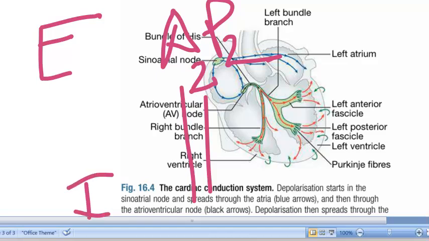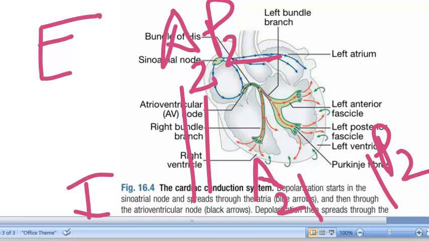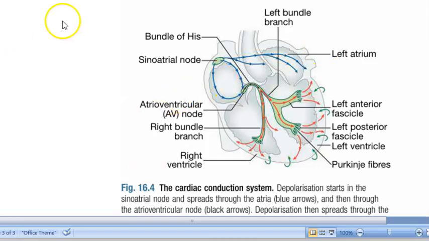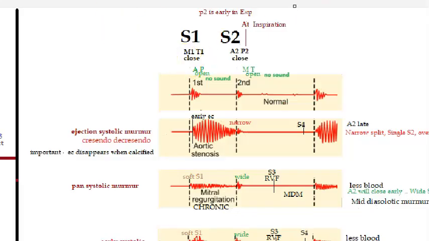But in inspiration, when you auscultate, you will get A2P2 slightly separate. Why? Because of inspiration. So this is the normal splitting of second heart sound. Did you understand, guys? It's just inspiration. Okay, normal splitting of second heart sound is because of what? Inspiration.